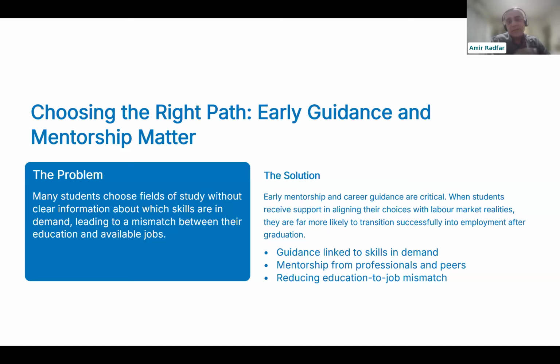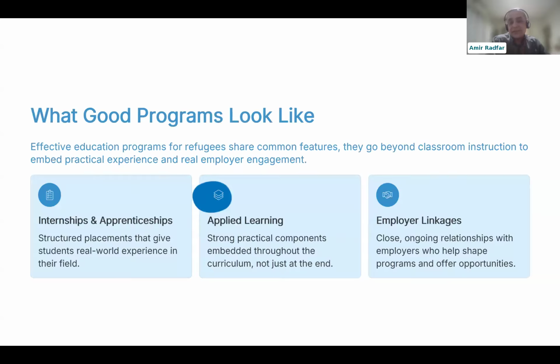Otherwise, we are usually talking about mentorship at the end of graduation, which is helpful, but I think fundamentally that mentorship will be more helpful if we guide the students to choose more quality programs with more practical components inside the program before starting their education, so they are more aligned with the job market.